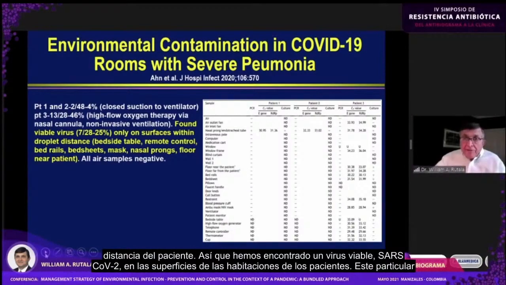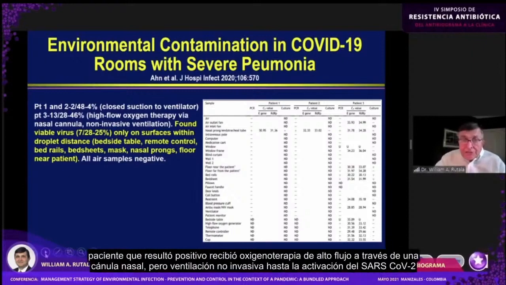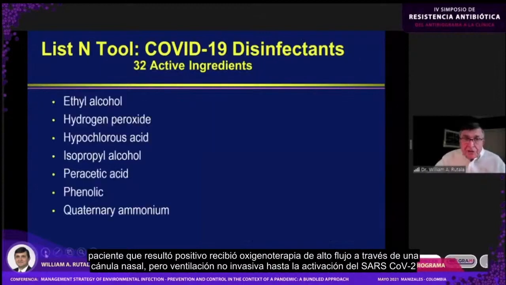So we have found viable virus, the SARS-CoV-2, on surfaces in patient rooms. This particular patient that was positive had high flow oxygen therapy via nasal cannula, but non-invasive ventilation.